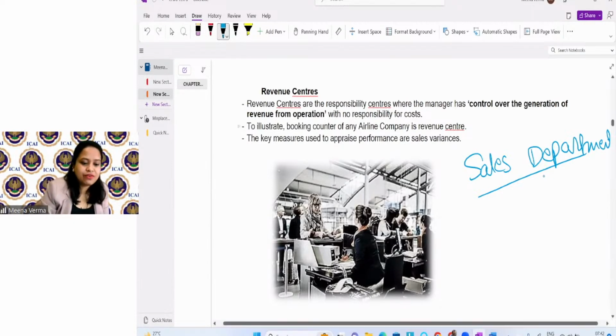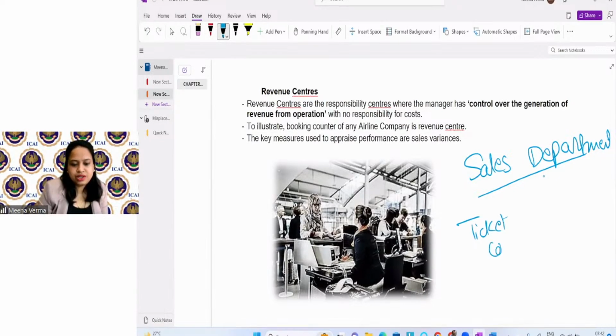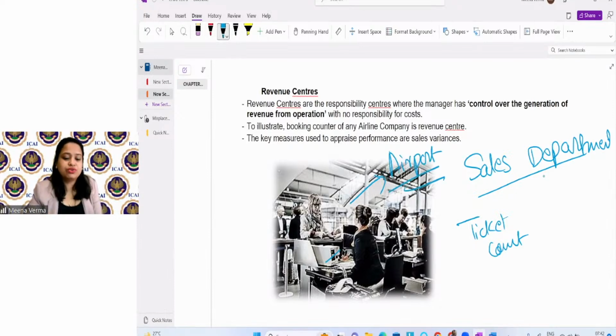Here they have given you an example of a ticket counter. You must have seen such ticket counters in an airport. They are only responsible to generate revenue. The responsibility is what? To sell the tickets. The sales department manager's responsibility is to sell the tickets.